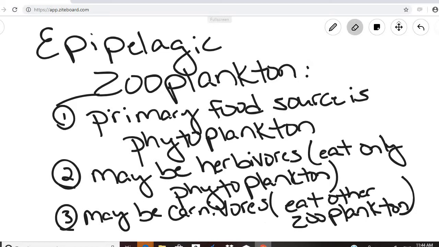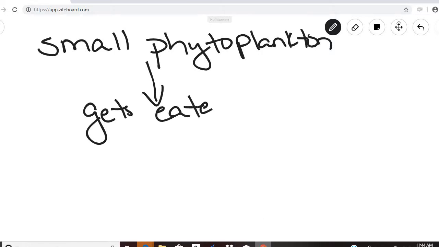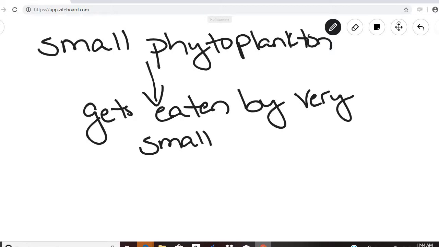So the reason that we think about the food that is being eaten by organisms is because we want to be able to trace the energy and see that energy is not lost. So in terms of energy, you're going to have very small phytoplankton, and the energy contained within that very small phytoplankton gets eaten by very small protozoa, which are zooplankton.